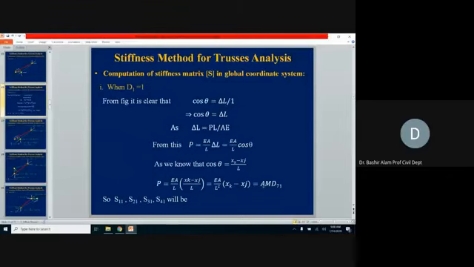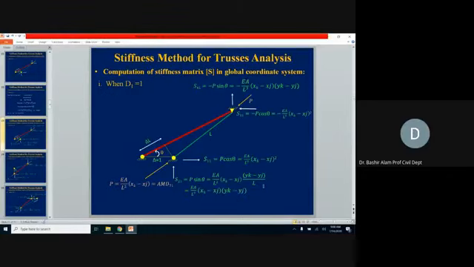So that is produced. Now we found P, the member force, which is equal to EA over L square times XK minus XJ, which is also equal to AMD 71 here. Now the rest is the resolution.